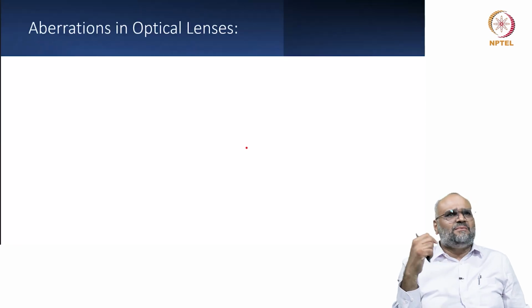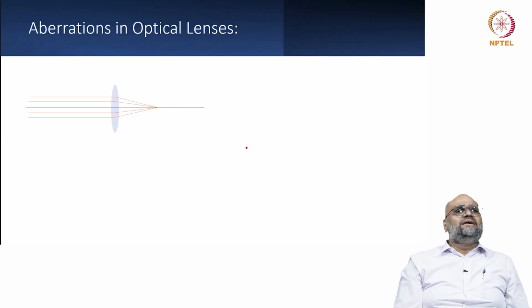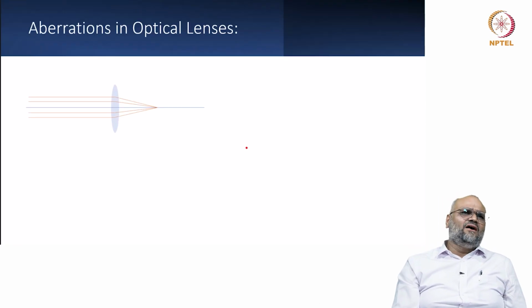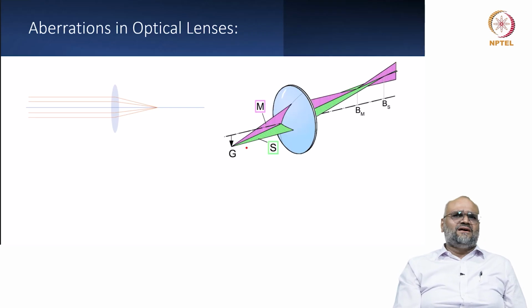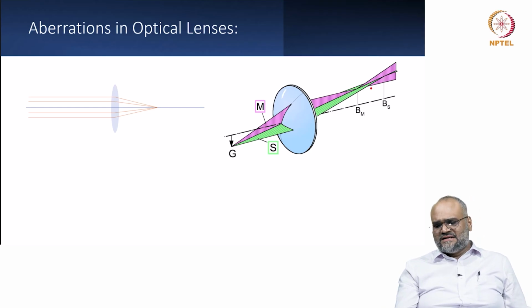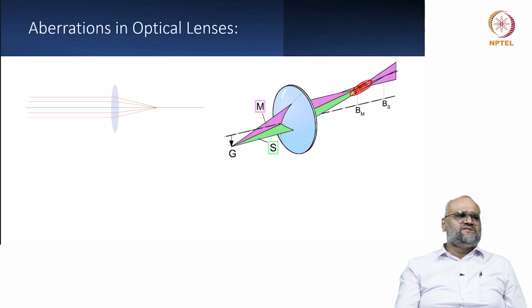So if you look at the aberrations in optical lenses, in an ideal case, you would assume that all the rays that propagate through a lens would coincide at a point, and in reality that does not happen. You have the meridional and the sagittal rays which are not converging at a point, and instead they converge at a disc or an ellipsoid.